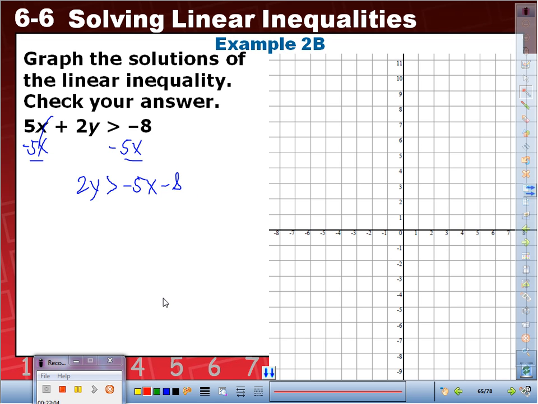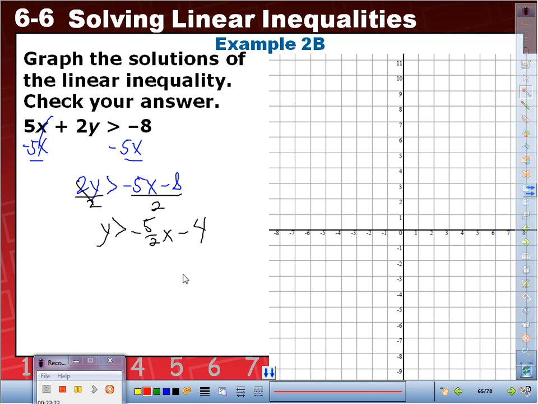What's my last step? Divide by 2. Y is greater than negative 5 over 2x, and this is negative 4. Do you know how to graph this? Yeah, step 2 says graph it like if it was an equation.